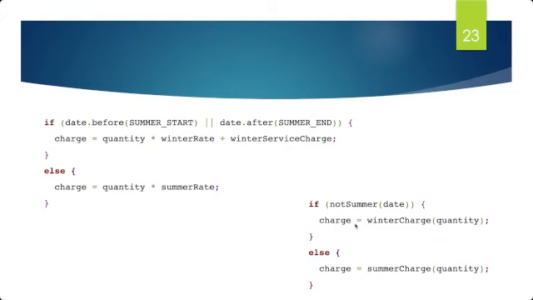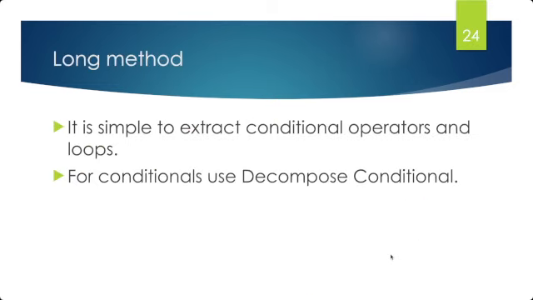And we replace the then part and else part with new methods with understandable naming. This type of refactoring we call decompose condition, and we can use it not only when we try to solve problems with a long method, but in other types of bad code, which I will show you in the next lesson.